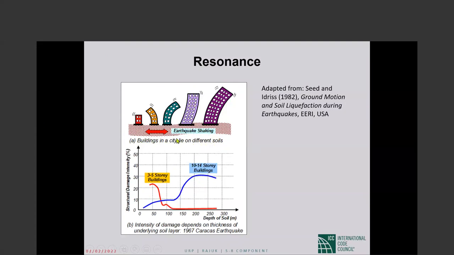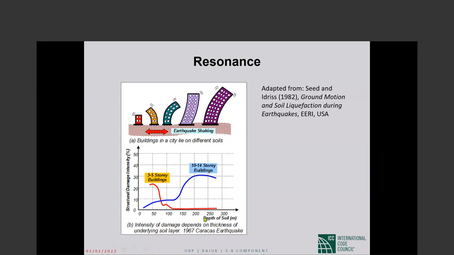That is true. Now, what is plotted down here is the structural damage intensity versus depth of soil. Now, what damage intensity is kind of immaterial. Let us think in terms of damage potential, maybe. I don't know.